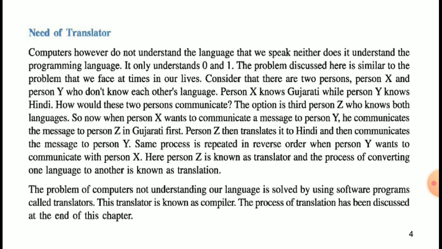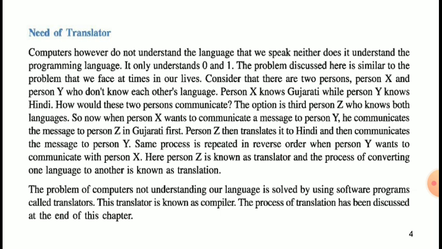Next is the need of a translator, that means a translator or a compiler. A computer only understands binary code, 0 and 1, and cannot read or understand any programming language directly.